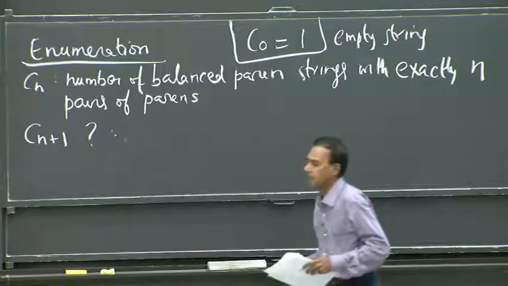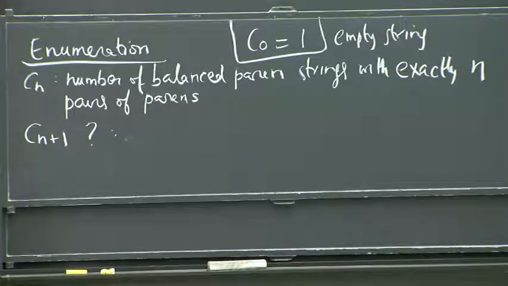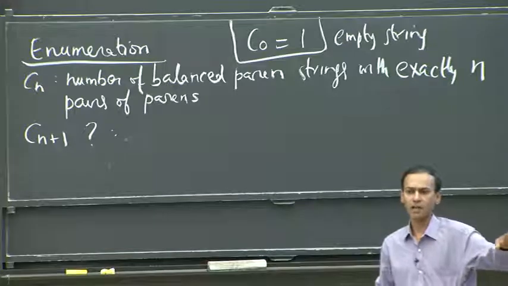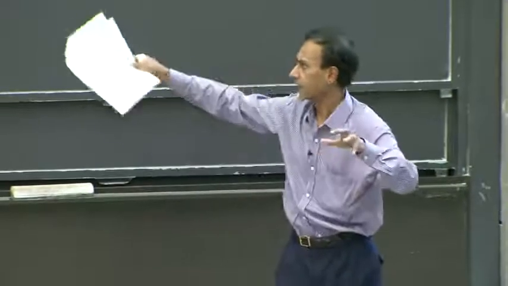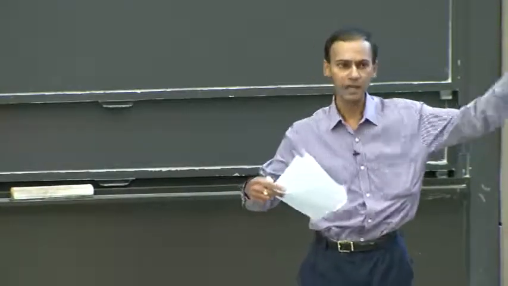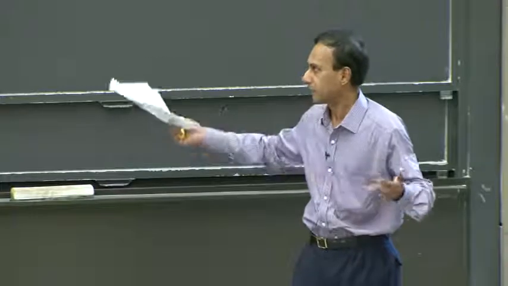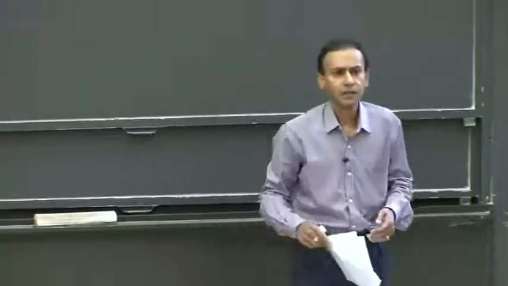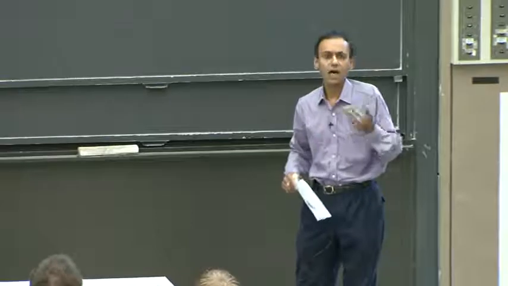I need to use the fact that I can get Cn plus 1, a particular string that belongs to this set where I have n plus 1 parentheses, in a unique way from a string I've previously generated that was part of either the set that had n parentheses, or it was combined using strings where alpha was in some set that was maybe generated a while back with a small n, and another thing, a beta, that was generated later or maybe at the same time, etc. So can someone tell me what an equation would be for Cn plus 1 based on the Ci's that are less than n?